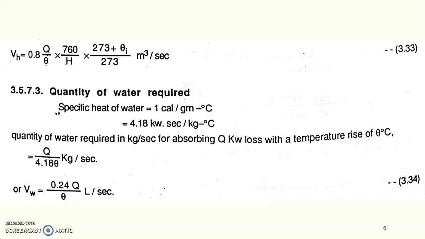You can convert it into liter per second. So VW, the volume of water required for circulating, is 0.24 Q upon theta liter per second.